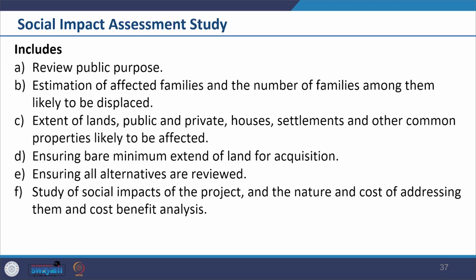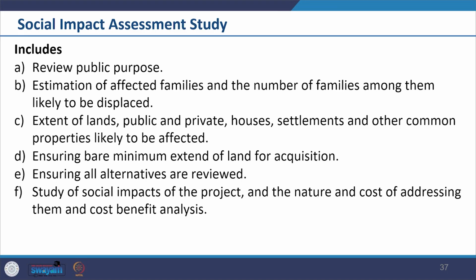Further, we see that this Act makes provision for preparation of a social impact assessment study. In the previous class you saw what kind of social impacts, the categories of social impacts, and the kind of reports which are required to be made. So here this Act also makes provision for a social impact assessment study.